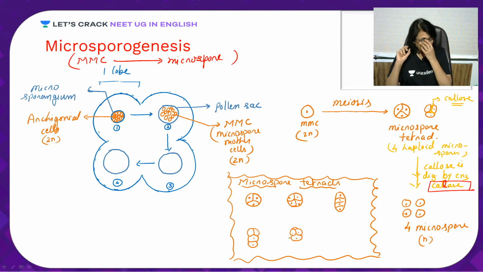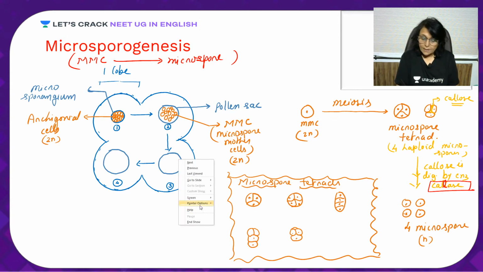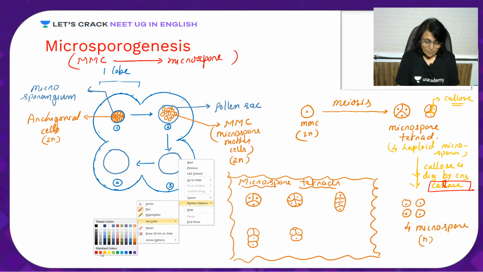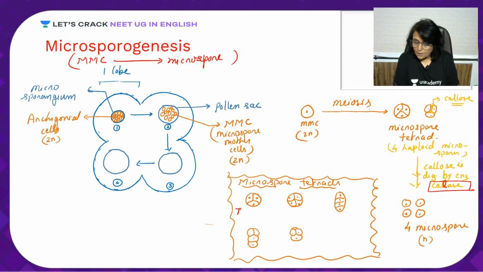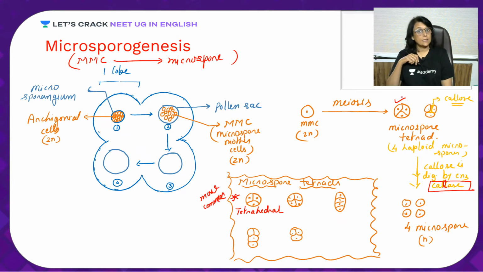Now if we have to give them names, this is called tetrahedral, and this is the most common. And that is why we made this, because we normally draw the structure which is most commonly seen.